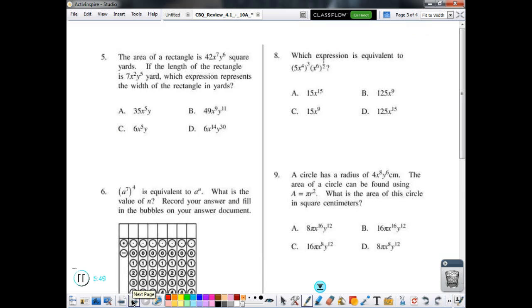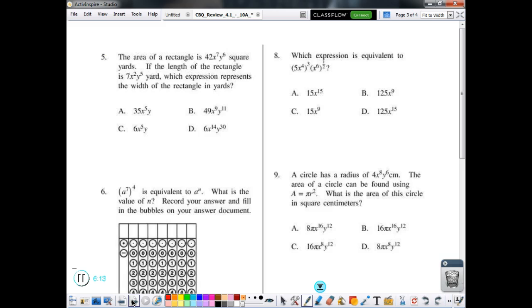Number 5. Okay, the area of a rectangle is 42 x to the 7, y to the 6 square yards. If the length of the rectangle is 7x squared y to the 5th yards, which expression represents the width of the rectangle in yards?